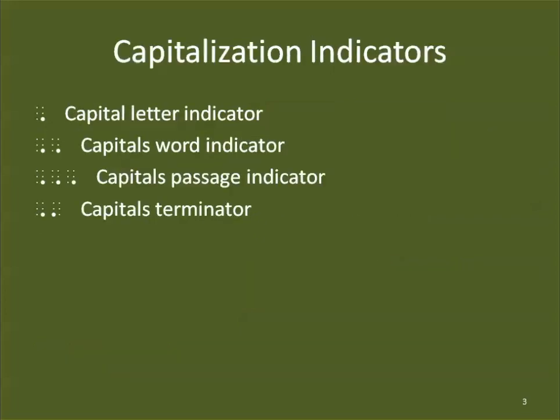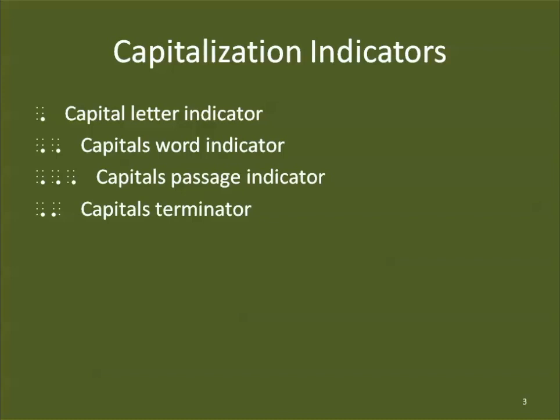Okay, here we go with capitalization. The capital letter indicator is still our dot 6. I haven't even mentioned it until now. It's just been part of the drills and homework, and you probably didn't even notice because there was nothing special to point out about it. The capitals word indicator is like what we had in EBAE, it just has a different name.